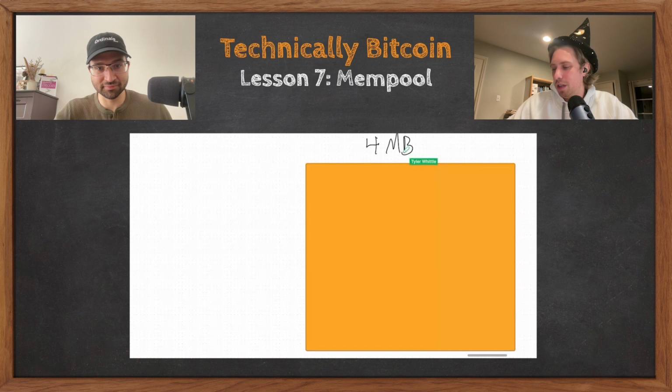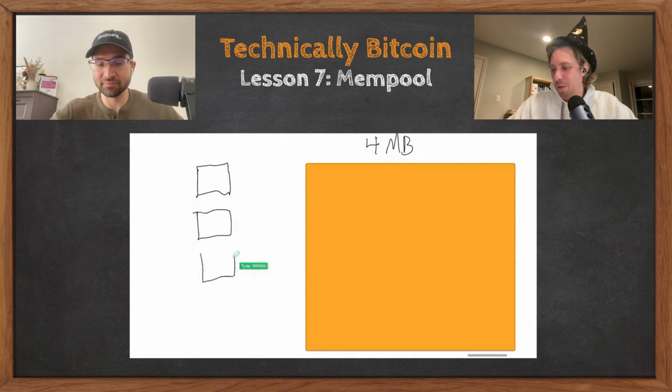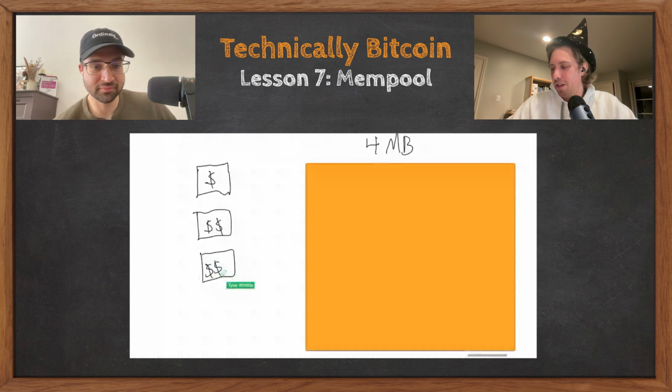What a miner is going to do is look at an unconfirmed transaction and say, I want to know 2 things. I want to know how big this transaction is, and how much someone's willing to pay to put it on there. Let's say we have 3 transactions that are all the same size, but this one only wants to pay $1, this one wants to pay $2, and this one wants to pay $3.